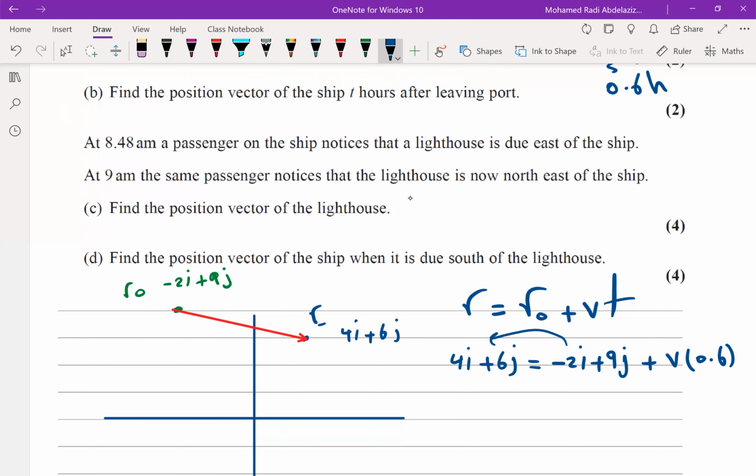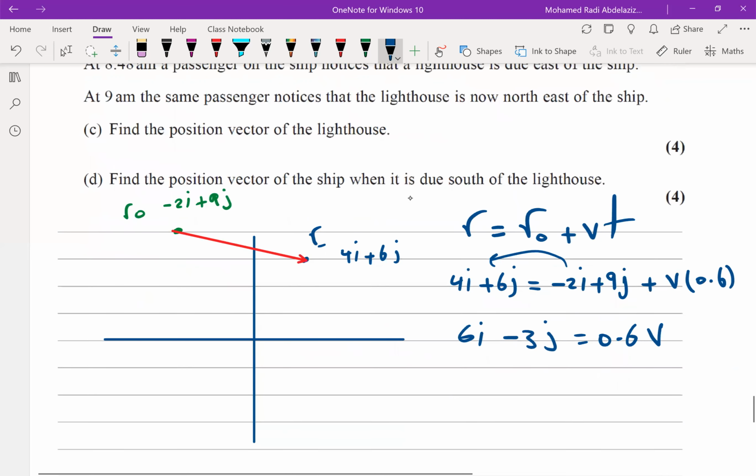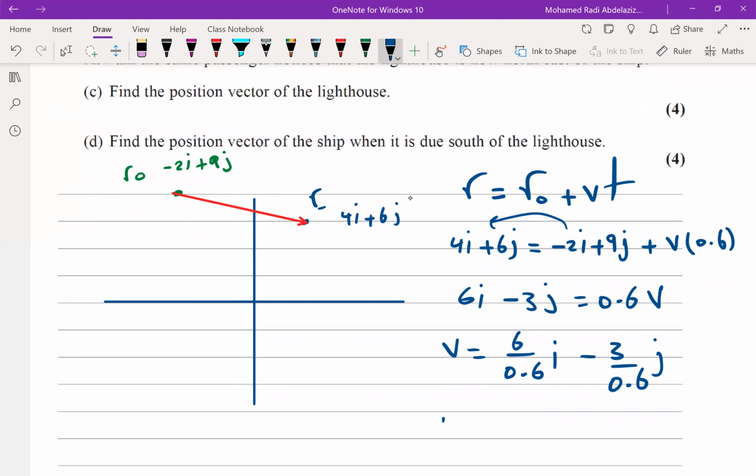Move to the other side: 4i + 2i is 6i, 6j - 9j is -3j, equal to 0.6 times v. Divided by 0.6, v equals 6 divided by 0.6 i and -3 divided by 0.6 j.